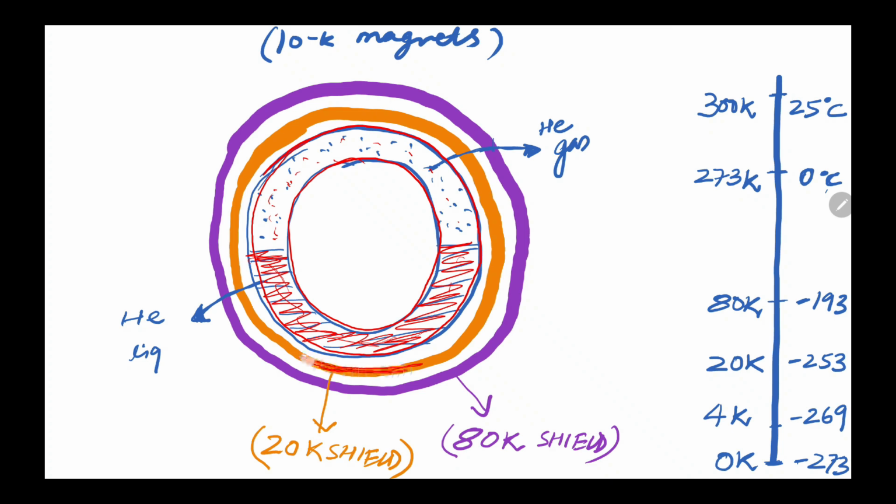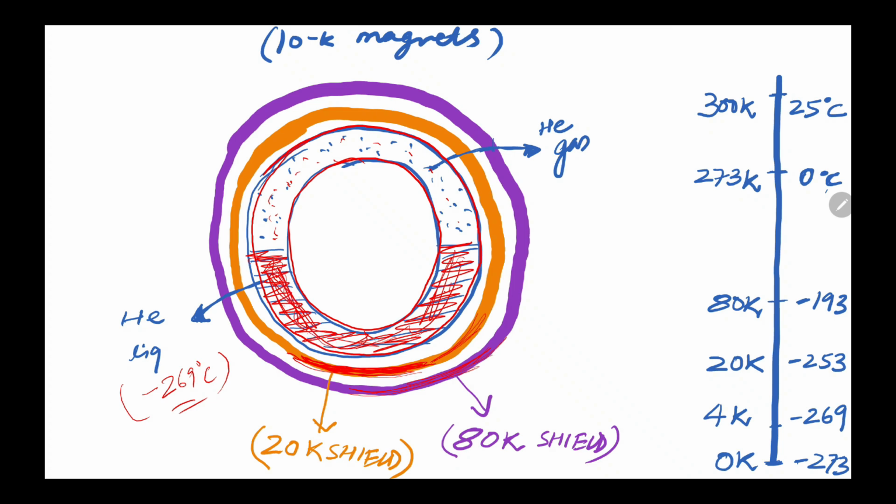This is the 20 Kelvin shielding. Shielding means to protect the liquid cooling from going out. And this is the 80 Kelvin shield. So two shields are stopping the cooling from coming out, so the helium cooling effect will remain intact inside this vessel.